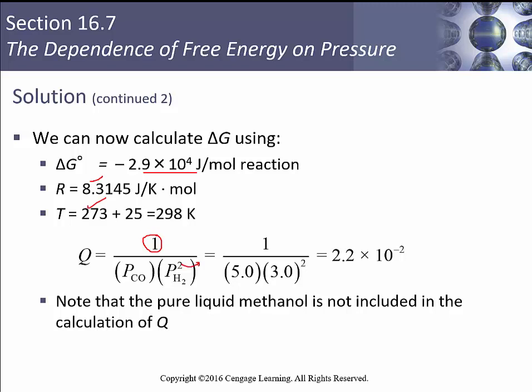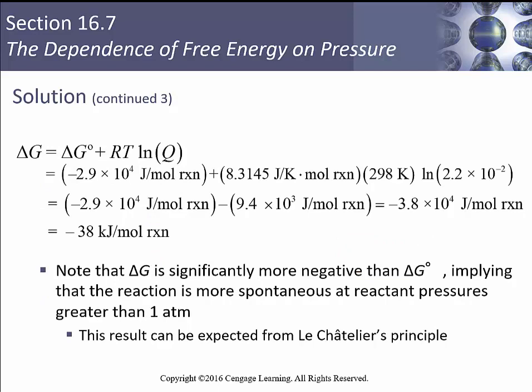So we're going to get 1 over 5.0 times 3.0 squared. We're going to get 2.2 times 10 to the minus 2. So the pure liquid methanol is not included in that calculation of Q, just because that's what we do with our values for K.